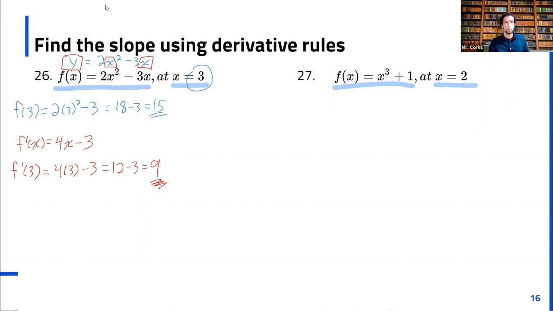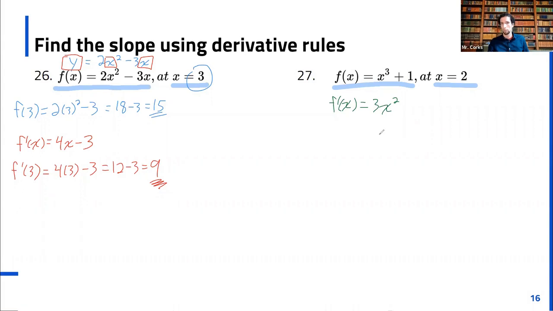All right, next one over here on the left. So we already found the derivative of this. F prime of x is equal to 3x squared. And what is our slope when x is equal to 2? It's 12.